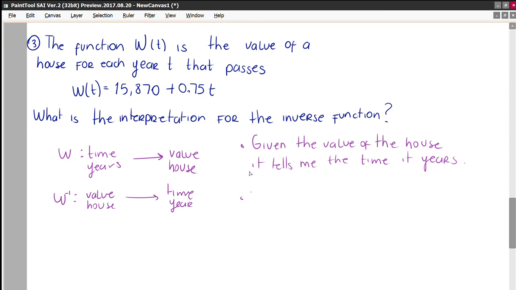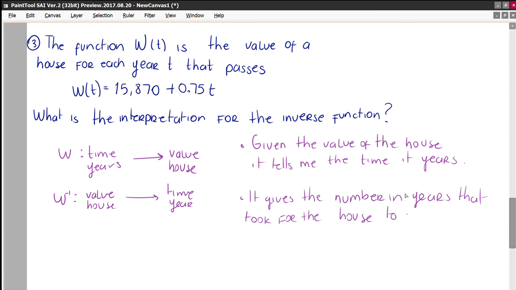Or in other words, it gives the number of years, or the time in years, that it took for the house to be a specific value.